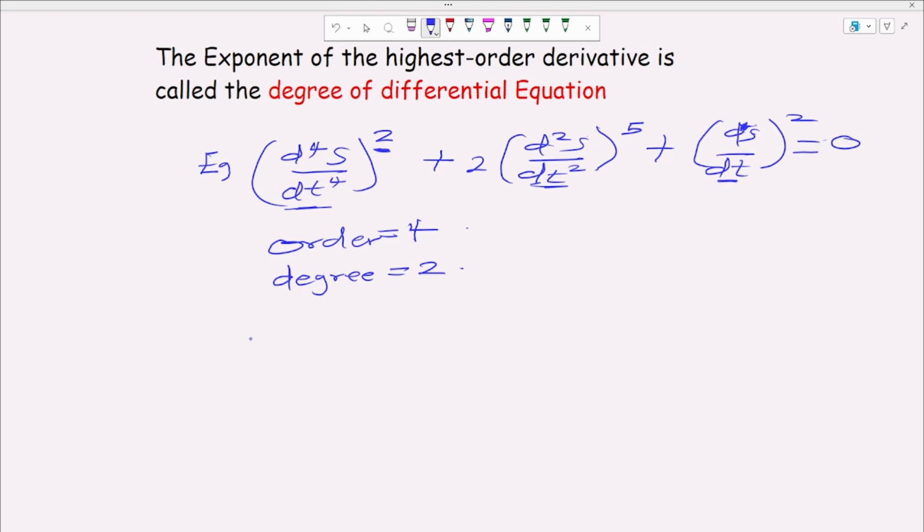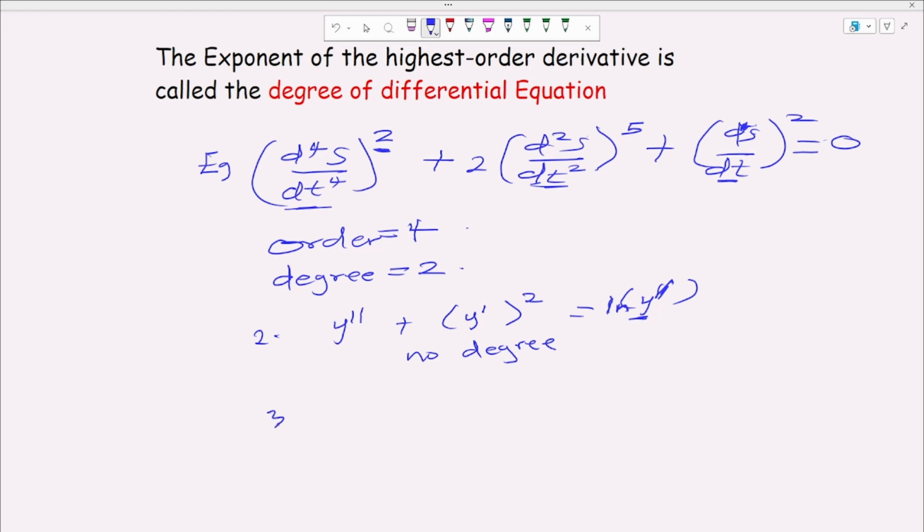An example is when I state this one, which is y double prime plus y prime all squared equal to ln y double prime. Looking at this one, the dependent variable y is contained in a log function, the natural log. So in that case, this one has no degree.